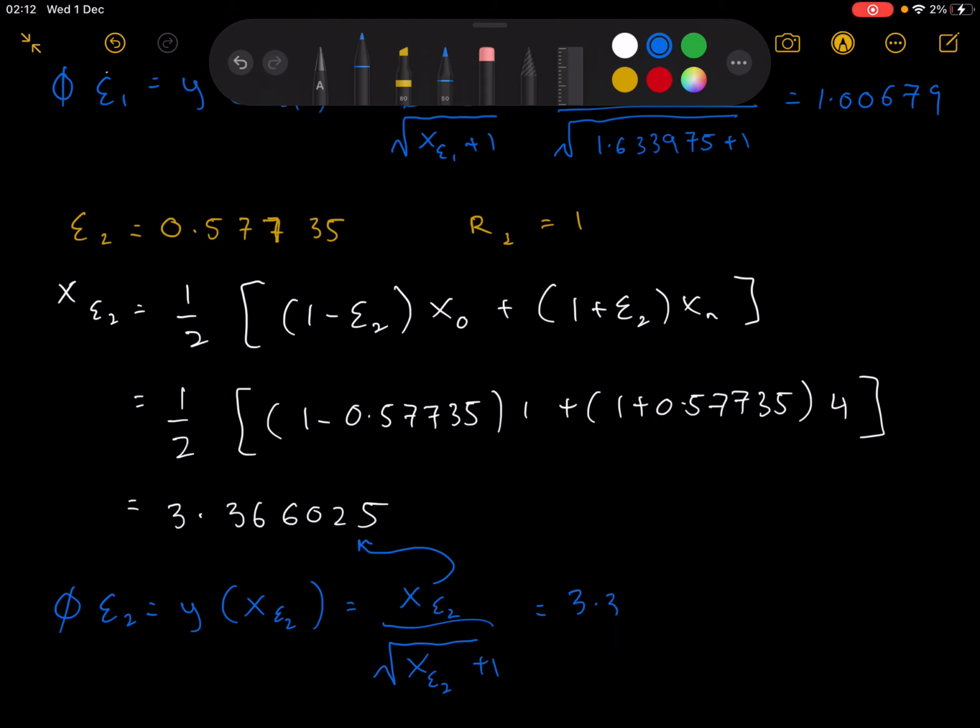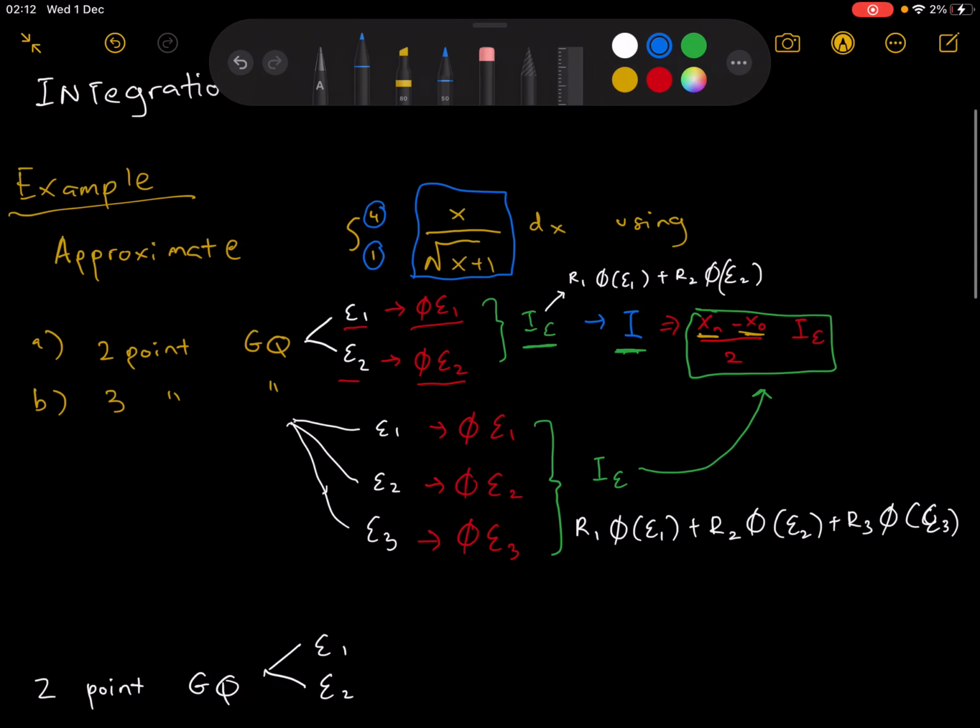So it becomes 3.366025 over square root 3.366025 plus 1, which is equals to 1.61092. So now, basically, we have determined the phi zeta 1 and phi zeta 2.